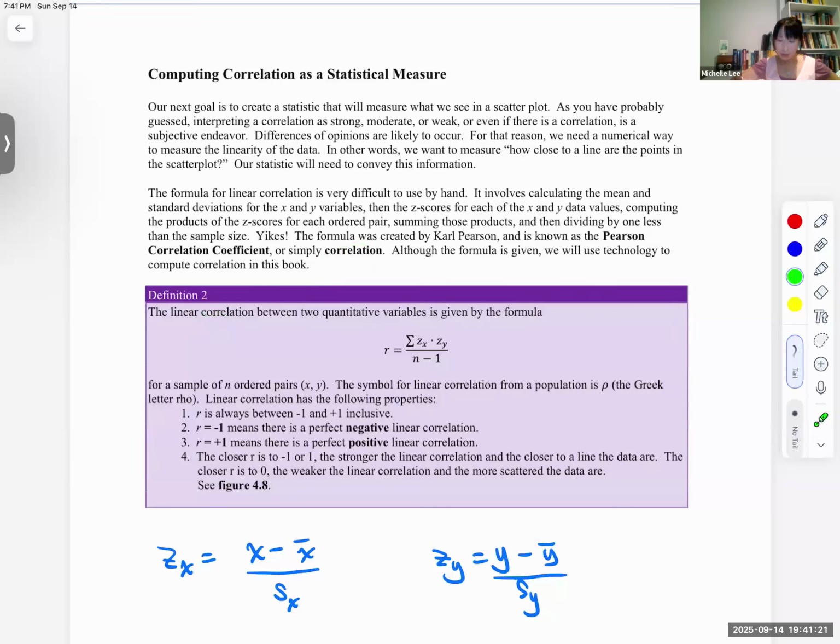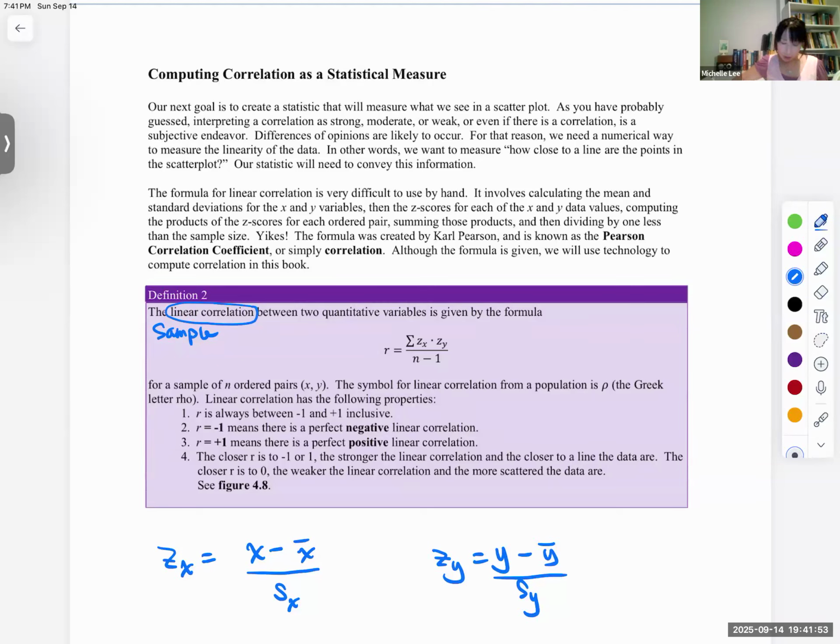Then we are using R. So we don't do the population correlation coefficient. This is a sample linear correlation coefficient.